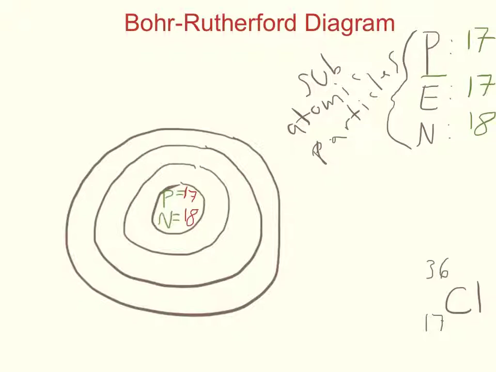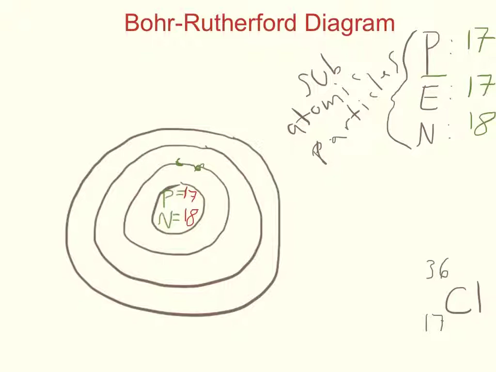Then we draw our electrons, which go in the outer orbits. And since only 2 fit on the first orbit, we draw 2 electrons. Then we move on to the second orbit, which, as you know, holds 8. We go in order, 1 by 1 down the orbit.